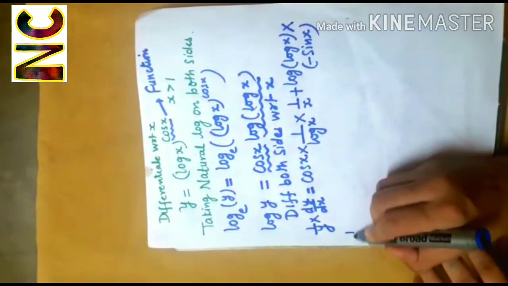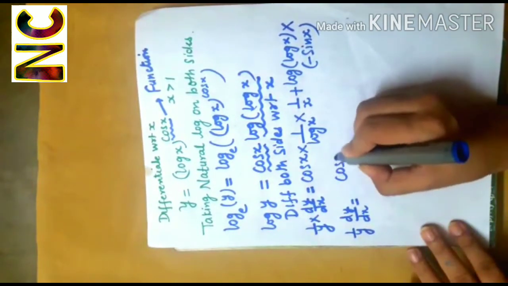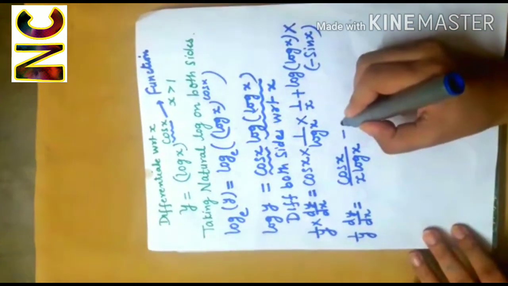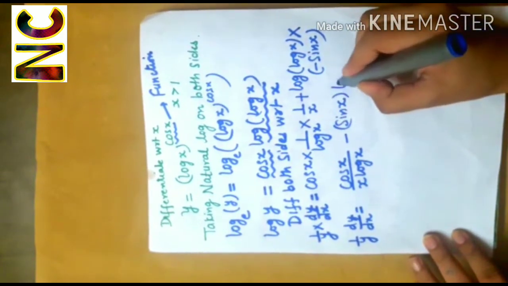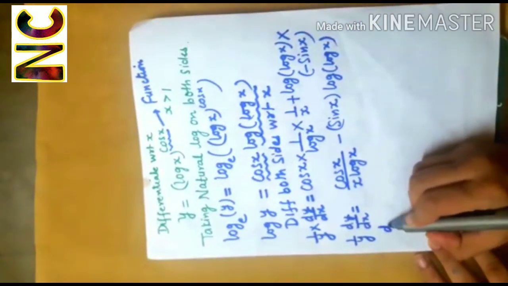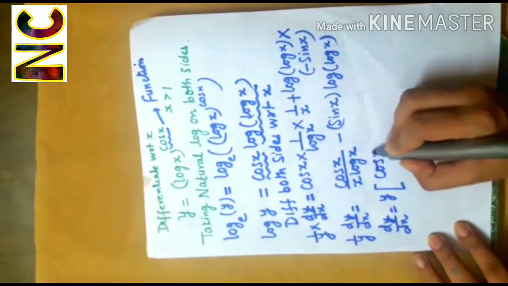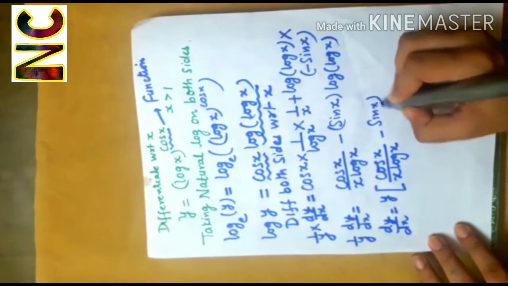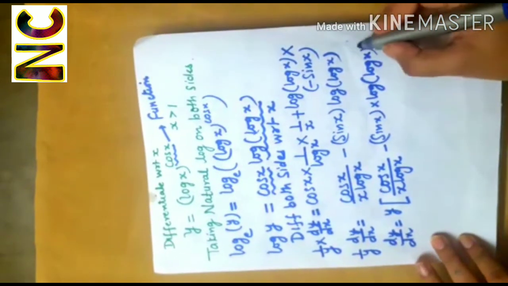So I'll get here 1 by y dy by dx is cos x over x log x minus sin x into log log x. So from here, dy by dx is y into cos x over x log x minus sin x into log log x.